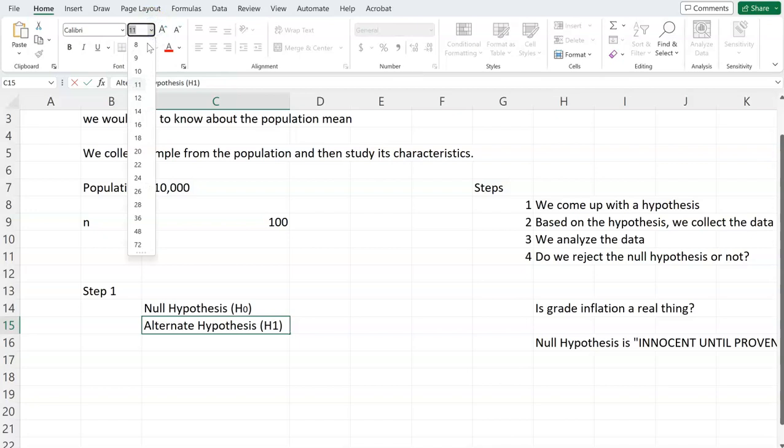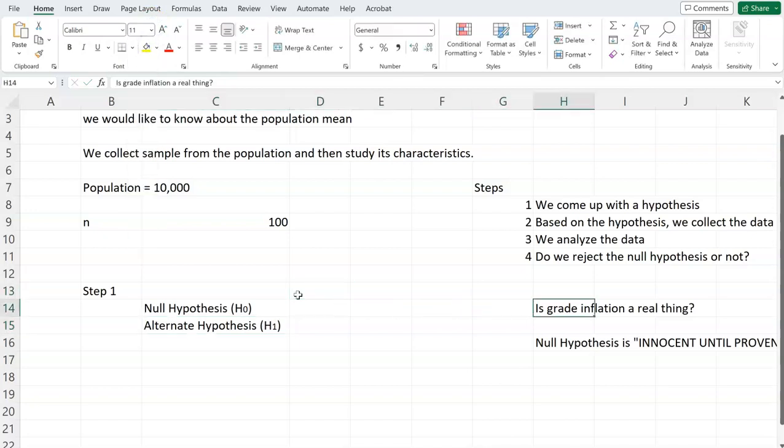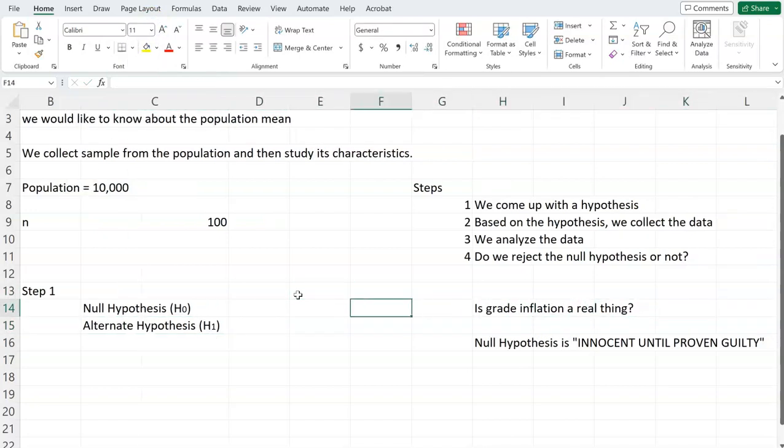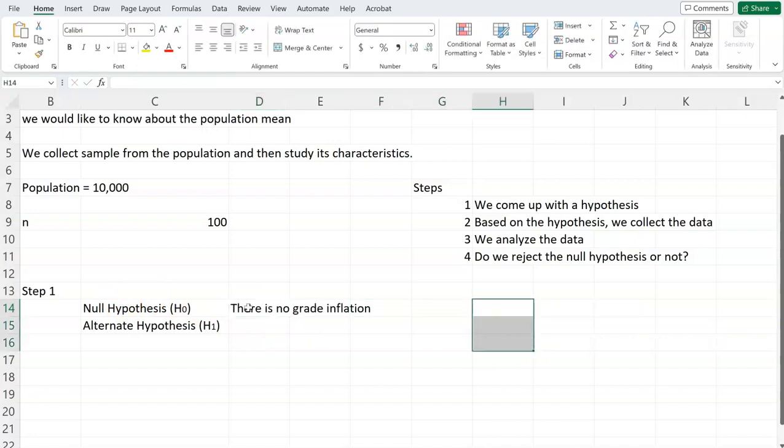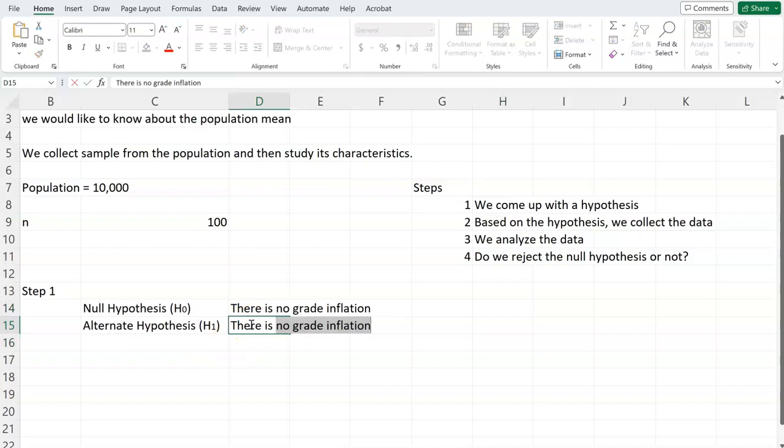In that case, we will say, is grade inflation a real thing? This is my question, this is the thing I want to study. The null hypothesis is going to be, there is no grade inflation. That is, the status quo remains, that no, there is no grade inflation. And the alternate is, there is grade inflation.